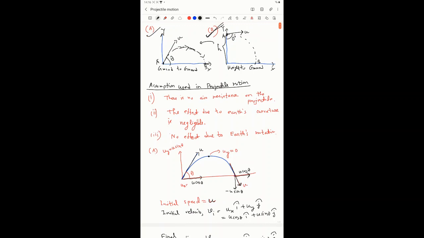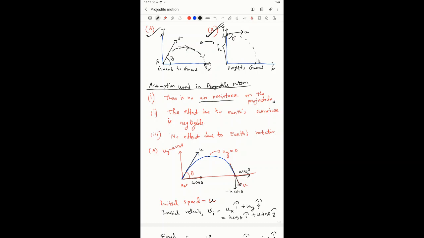When we are solving problems regarding projectile motion, we should not take into account the resistance due to air, because if we include it, then the calculation will be somewhat different. The dynamics of the particle will be different. So for the sake of simplicity, we don't include air resistance in the projectile motion.